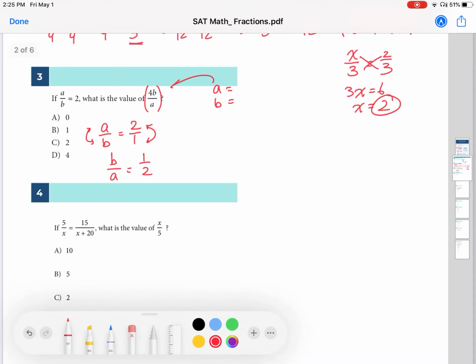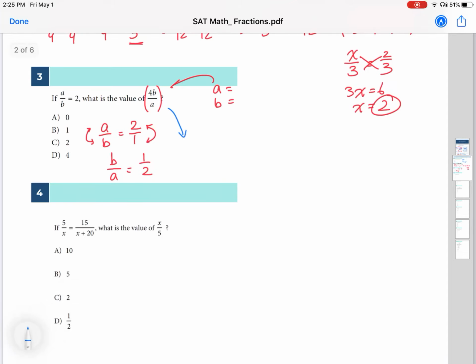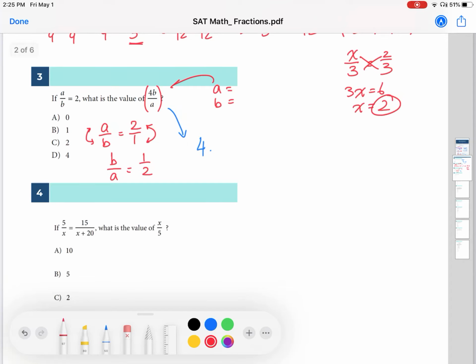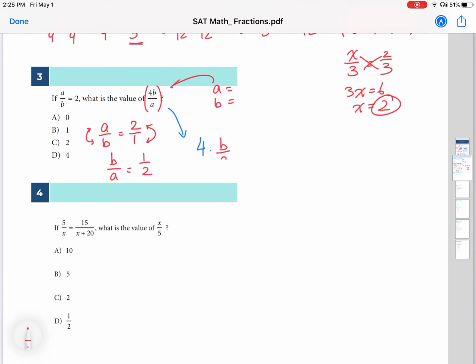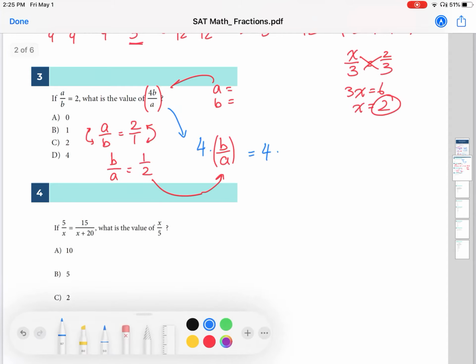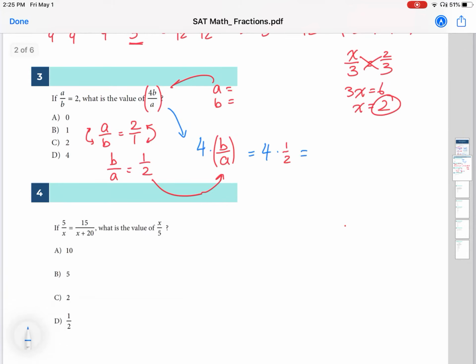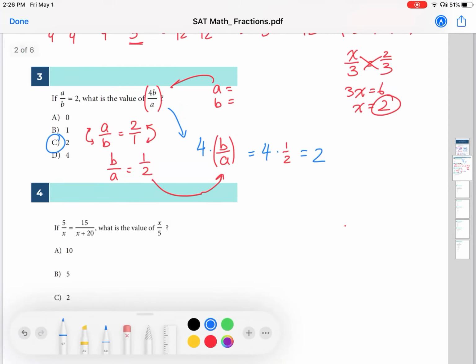And then taking the second part, which is what they want me to solve for, if they want me to find 4 times b over a, well, I can just simply substitute that 1/2 in, so that I get 4 times 1/2. And 4 times 1/2 is the same thing as dividing by 2, so that just gives me 2. That's one option, if you can notice the pattern there between the b and the a.